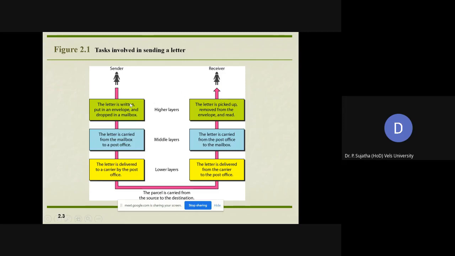From the sender side, the process starts from the higher layer to the lower layer, but at the receiver side, the process starts from the lower layer to the higher layer. This is most important. Keep it in your mind.